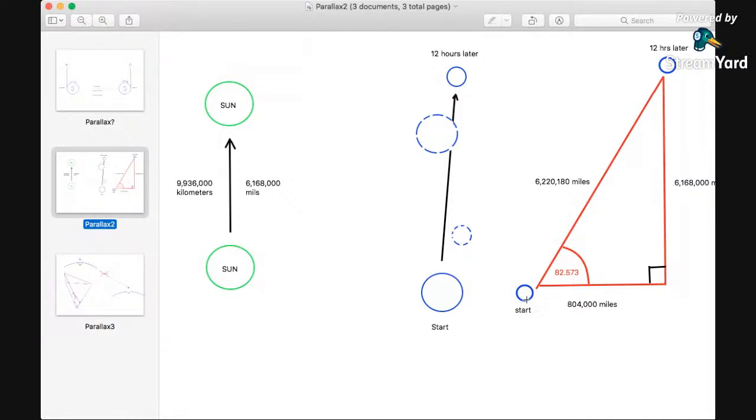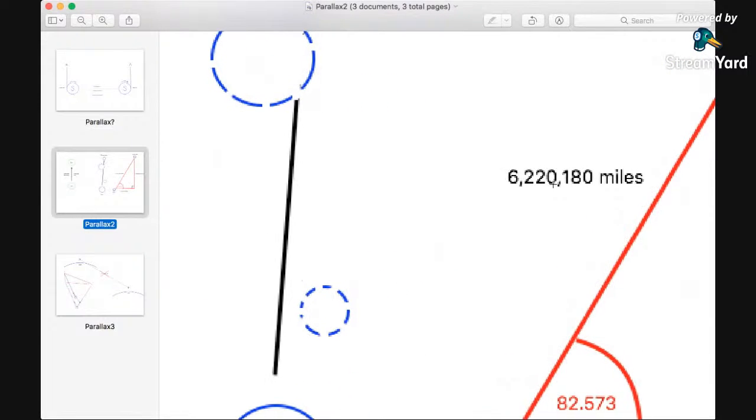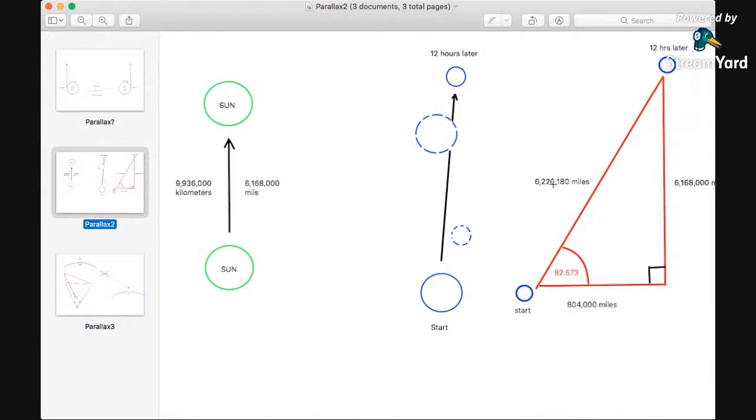When you start, you have to be able to say, when we finish in 12 hours' time, we will be in that direction, pointing down ahead of your feet, 6,220,000 miles away. That's where we will be when we finish.